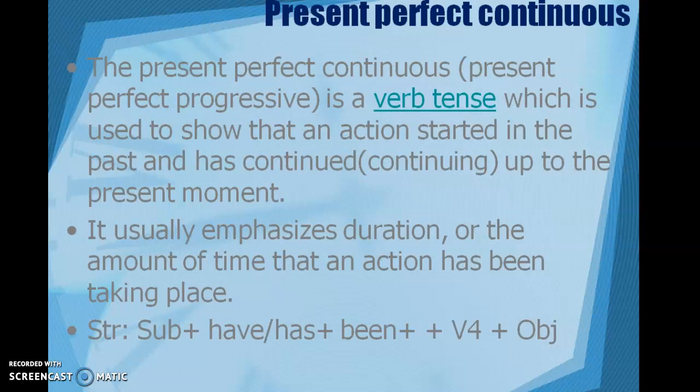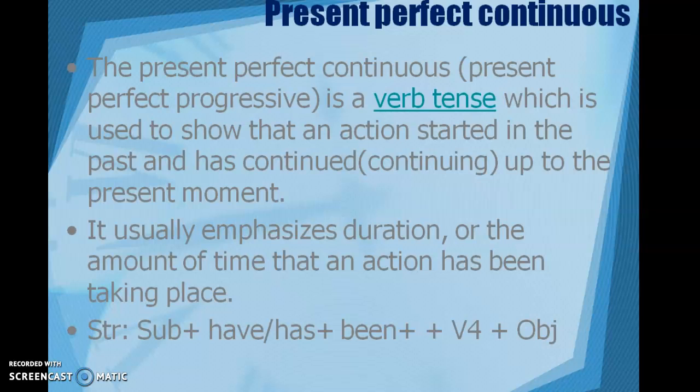I'll give you one example using these two prepositions. Example 1. She has been crying since morning. In this case, since is used for a point of time. Second example. She has been crying for 4 hours.